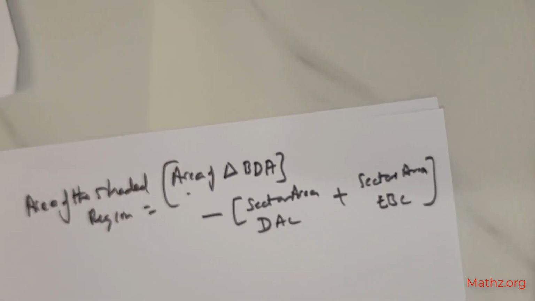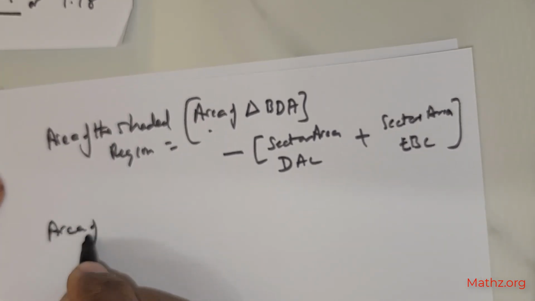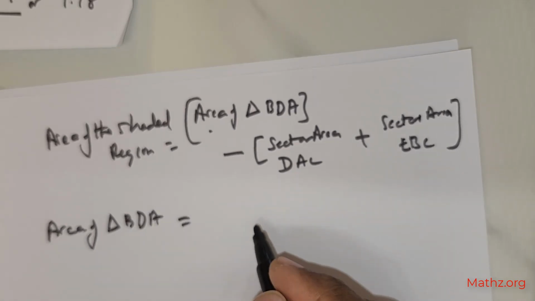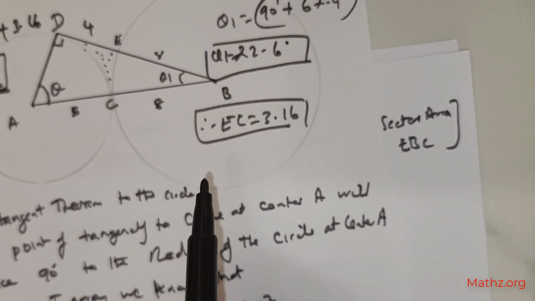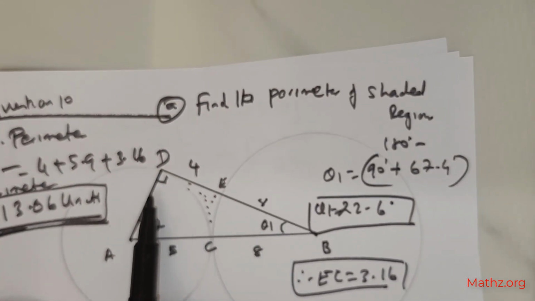So let me first find out the area of the triangle. Area of triangle BDA is equal to, this is clearly the height, right? This region will be the height.